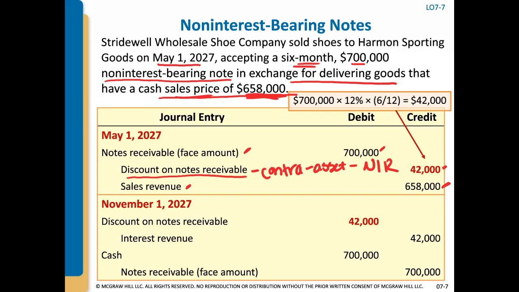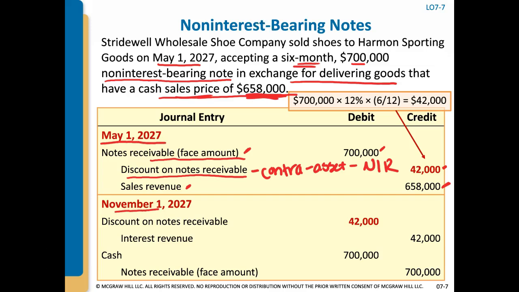Or you can present it notes receivable $700,000 less discount on notes $42,000 and net is $658,000. There's various ways that you can present it on the face of the balance sheet, but in any case, the net receivable amount is what is actually going to be reported on the balance sheet. Okay, that was just a side note. So that's what happens on May 1st.